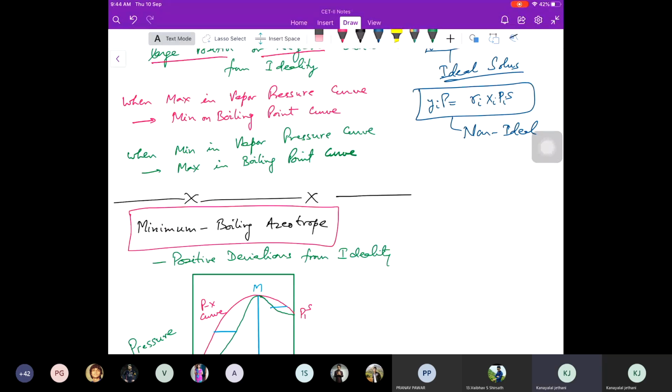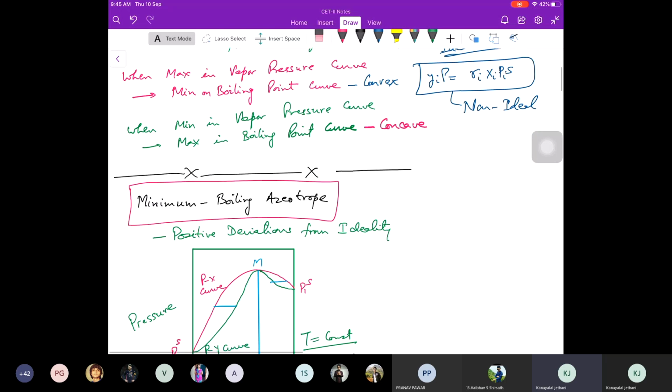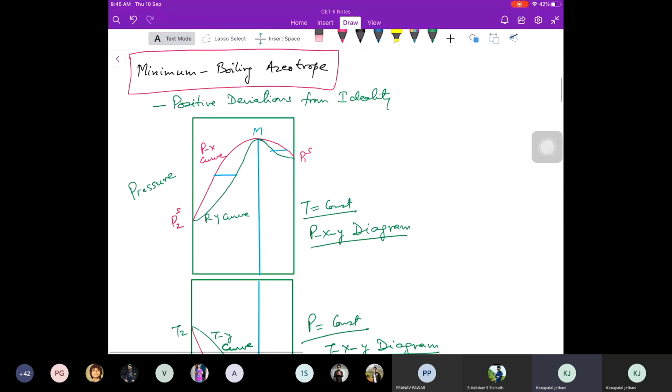If the vapor pressure is higher, the boiling point will be minimum; this is the convex curve. It is the minimum boiling curve. And if the vapor pressure is minimum, then this is concave, and this is called maximum boiling point, the boiling point is maximum. Okay. So we'll see what is minimum boiling azeotrope and maximum boiling azeotrope. One is called minimum boiling azeotrope. That means positive deviations from ideality.